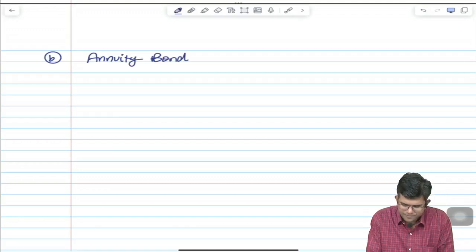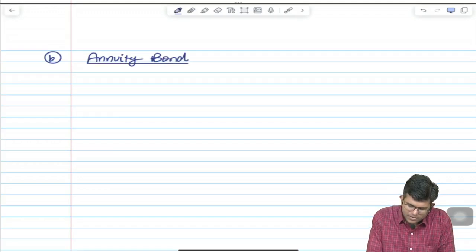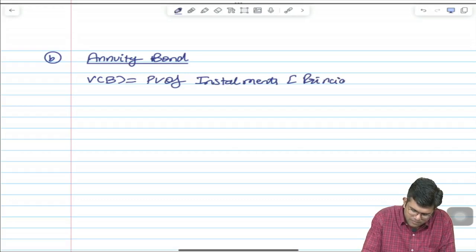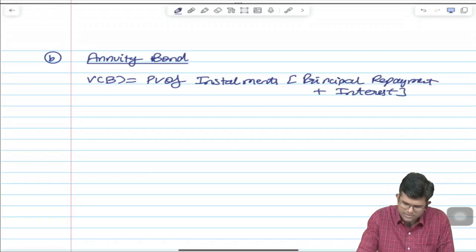Now wait and first understand, and I'll give the heading: annuity bond. Okay, what does this mean? Value of bond is equal to present value of installments, principal repayment plus interest.